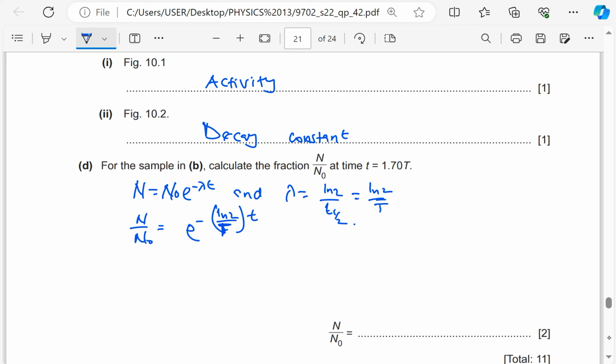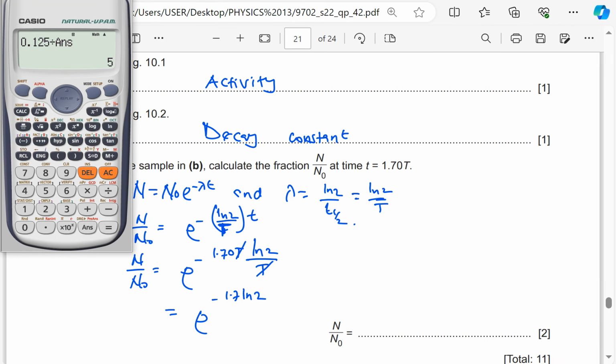But t is 1.7 T, so the fraction N over N naught is e power negative 1.7 T times ln 2 divided by T, and capital T cancels out. So this becomes e power minus 1.7 ln 2.